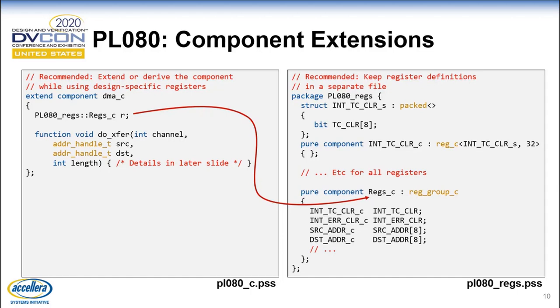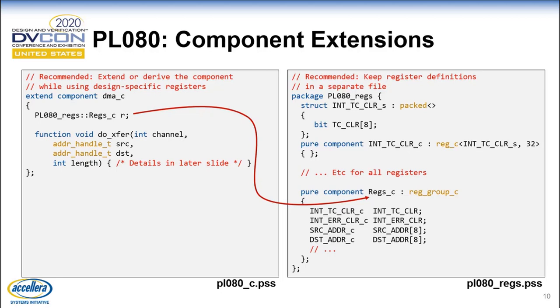So the registers themselves are specified as a component, as you can see here. And when you create this register component, you give it a few parameters. The first parameter is type, which specifies the value type that goes into the register. If it is a 32-bit register, the type could be bit 32, for example. But if a register has bit fields inside, it shall be a structure with all the bit fields inside. So it's really a type that represents the values that reside in the register, the value that you can write into a register or read from a register.